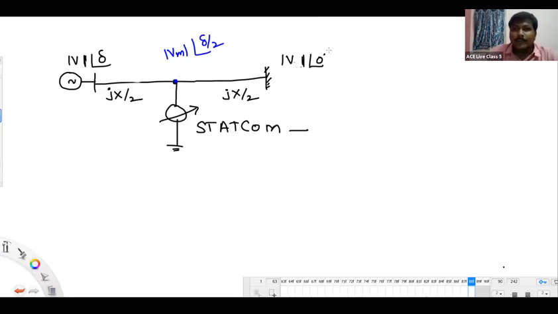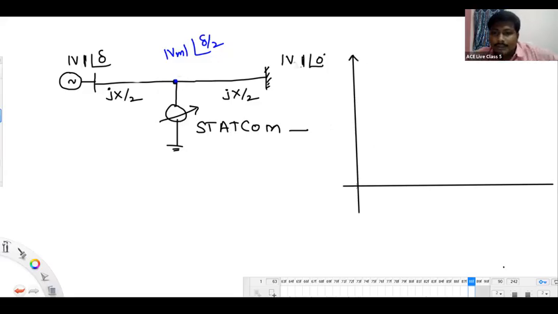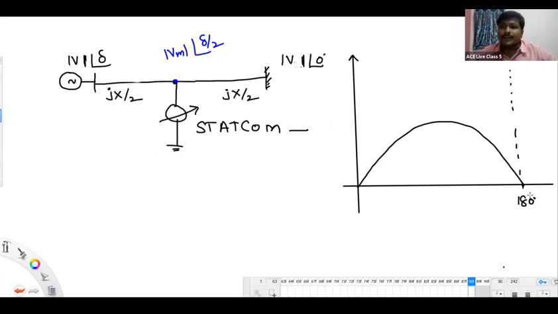Earlier, without midpoint compensation, you might be having a power angle curve in this manner. It's 180 degree without midpoint compensation. After providing midpoint compensation, your power angle curve will come like this.